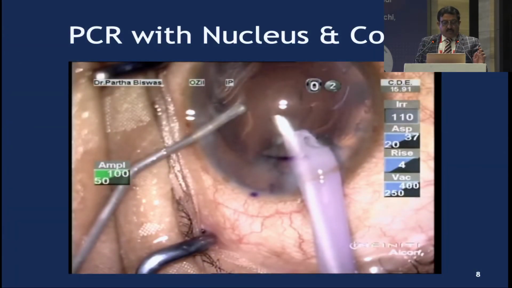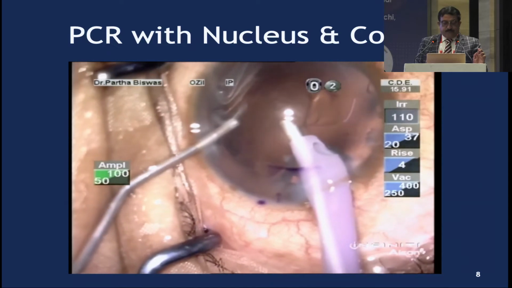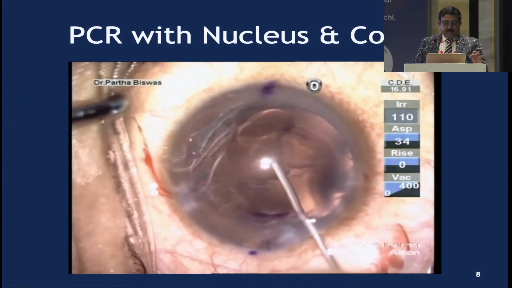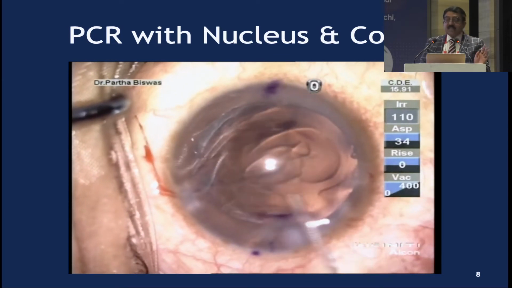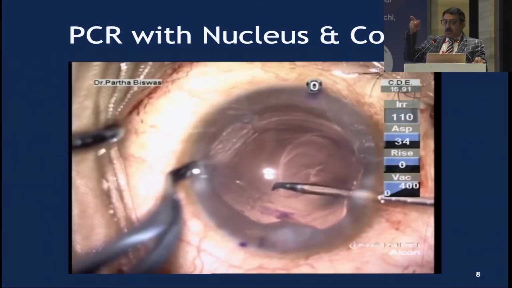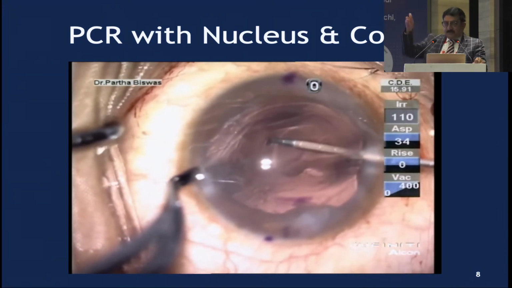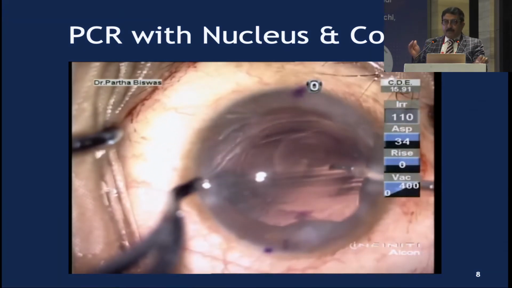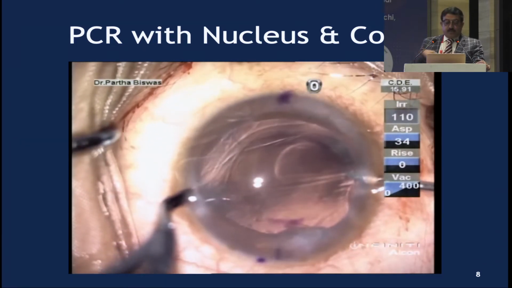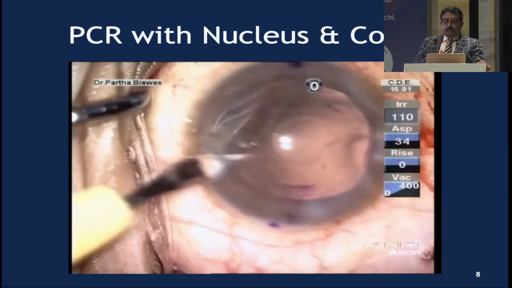Okay, so this is another patient with a PCR, and this is a toric lens. With a toric lens, if the rupture has occurred in the toricity, then it is a very difficult proposition. But if it has not, then it is easier. So in this, I was to put a toric lens.